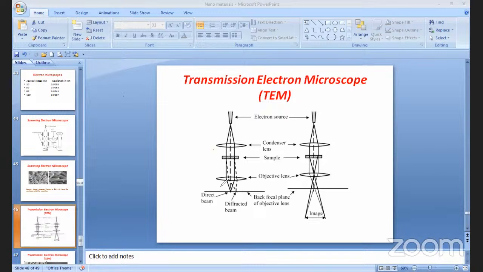The resolution which we get by using this TEM is better than around 0.5 nanometers.